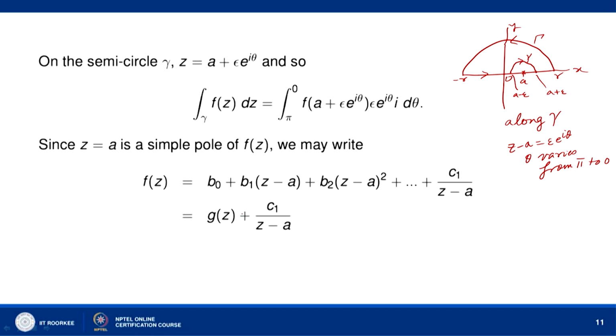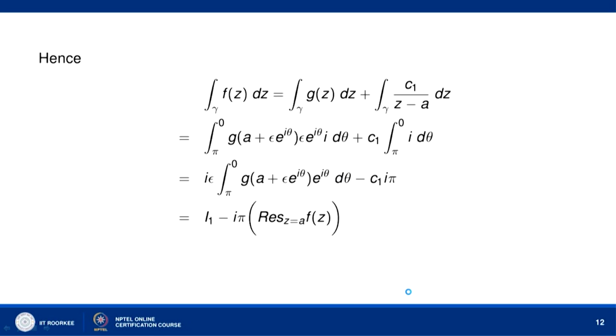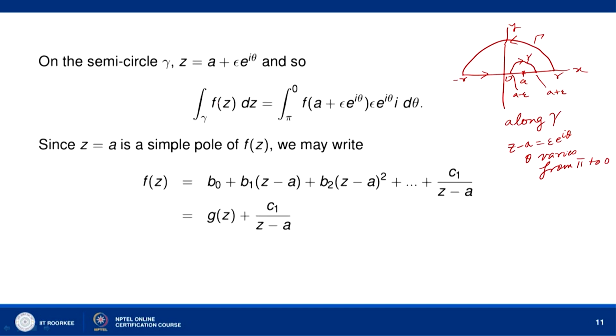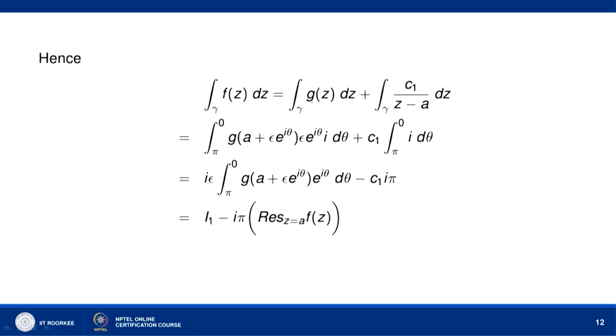So, f(z) can be written as g(z) plus c1 upon z minus a, and then the integral over gamma. Let us put this g(z) plus c1 over z minus a in place of f(a plus epsilon e^(i theta)). So, the integral over gamma of f(z) dz can be written as the integral over gamma of g(z) dz plus the integral over gamma of c1 upon z minus a dz. Now, z is a plus epsilon e^(i theta), dz is epsilon e^(i theta) i d theta.